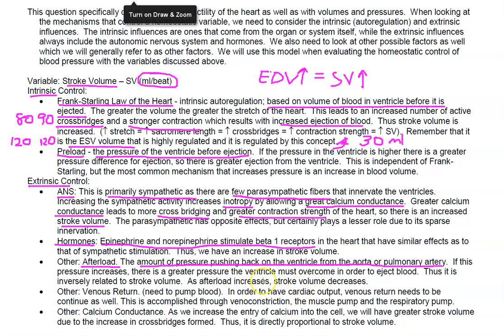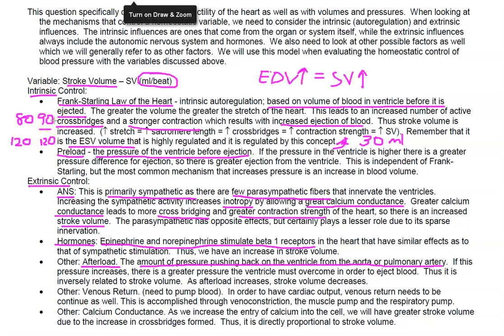The pressure you have to overcome, again, leads to that pressure difference. And so if we talked about the diastolic pressure being 80 in one case and the systolic pressure 120, if we increased afterload, the diastolic pressure would go to 90, and that would give us less of a pressure difference.